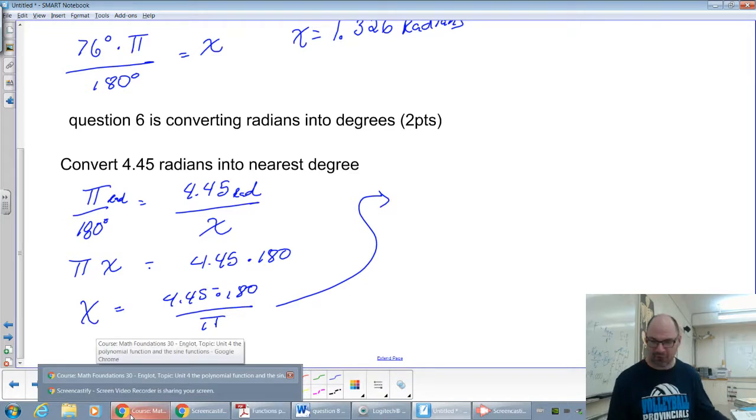Okay, so what does our x give us in this case? Get our calculator out. 4.45 times 180. That gives us 801 divided by pi. And I get 254.96 or 255 degrees.